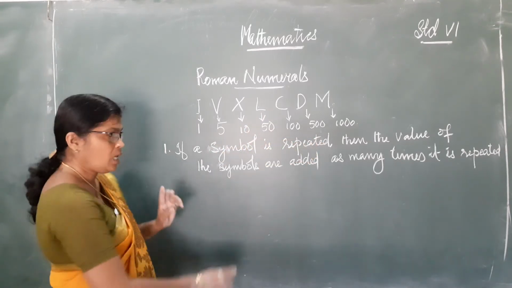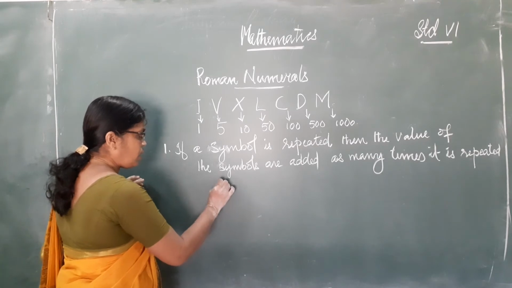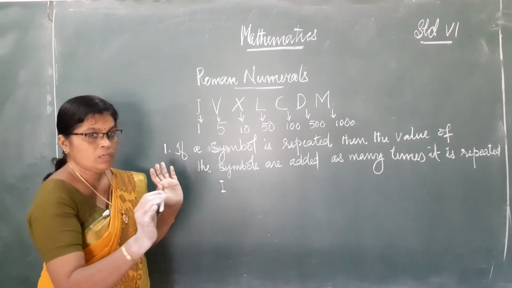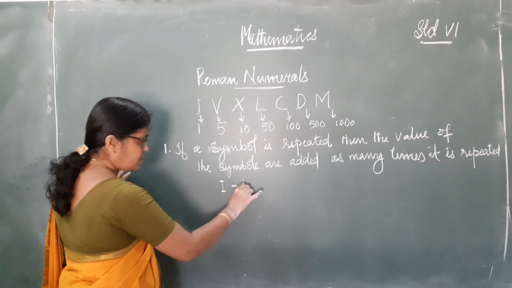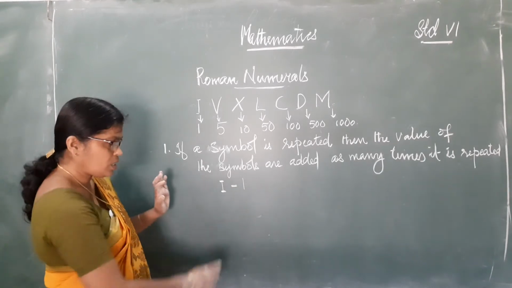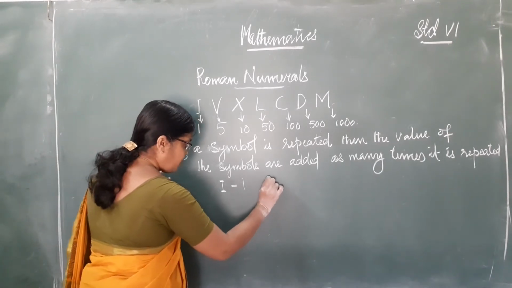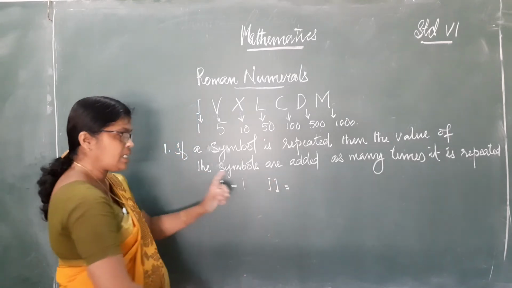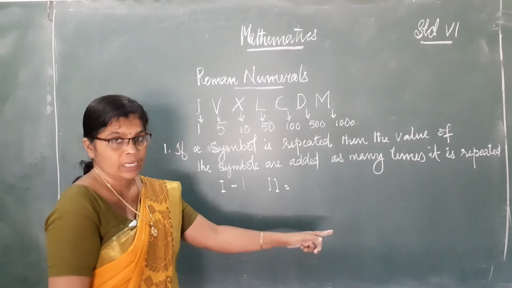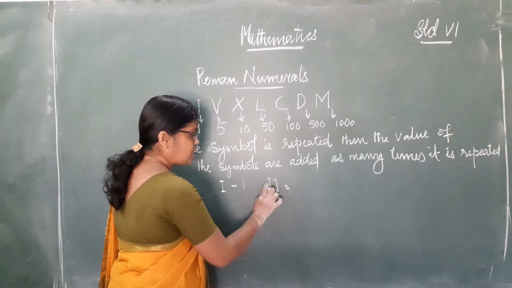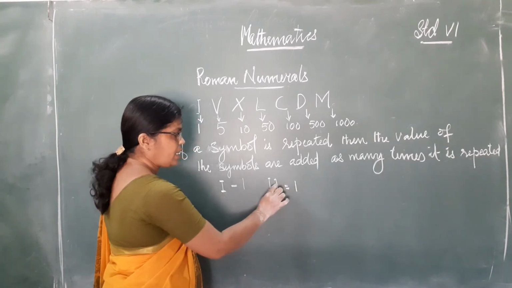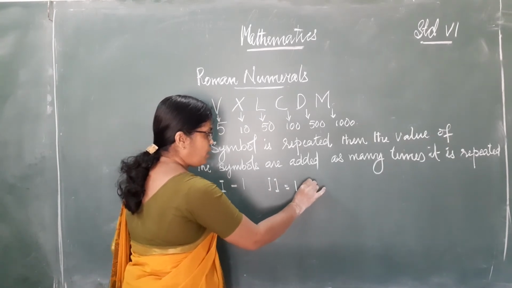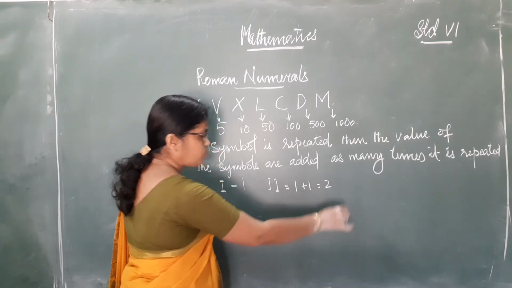Now let's see. The symbol I written only one time is called 1. Now if this symbol is written 2 times, I I, then its value gets added. This I means 1, again I means 1, then we add 1 plus 1, it becomes 2.